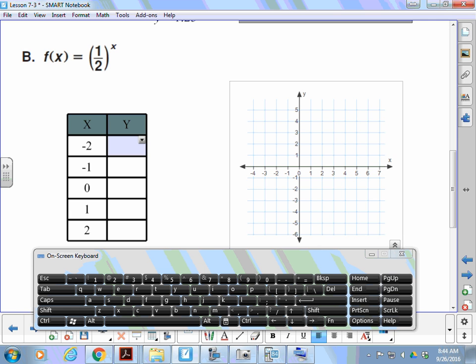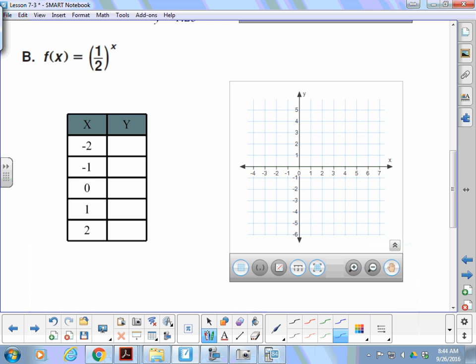Take the reciprocal. All right, so what's 2 to the power of positive 2? 4. All right, so this is 4 here. Okay, so this would be 1/2 to the negative first power, which is 2 to the first power, or 2.